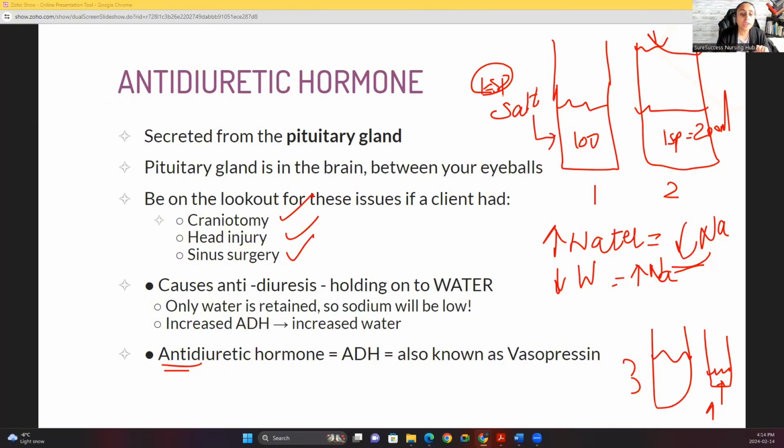All right. Now, antidiuretic hormone, as I told you, we have in our body. The name of antidiuretic hormone in our body is vasopressin. Just like we produce insulin and we give insulin, same with vasopressin.